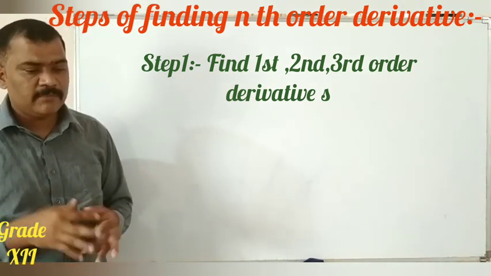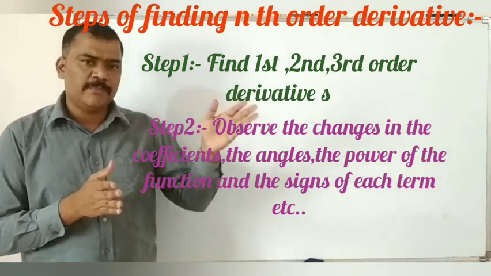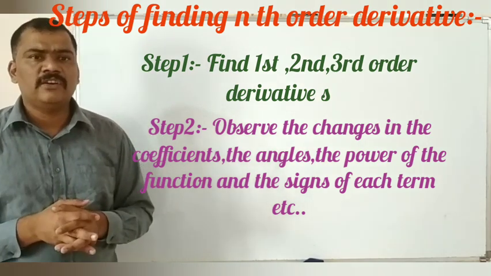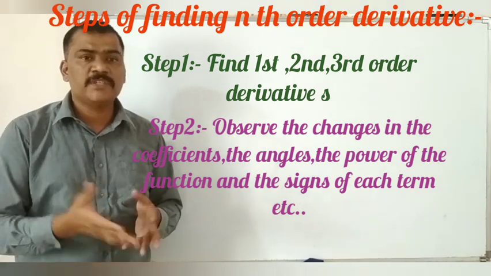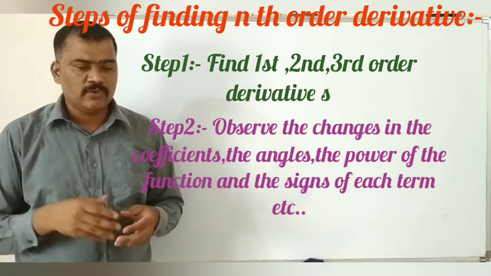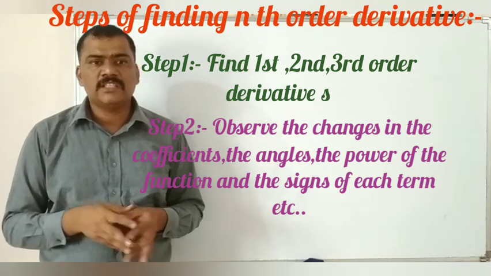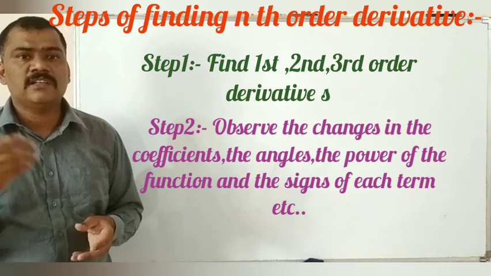In the second step, we observe the changes that happen in the first order derivative, second order derivative, and the third order derivative. The changes must be in, suppose, the coefficients. Somewhere there are changes in the angles, somewhere changes in the power of the functions, somewhere changes in the sign.